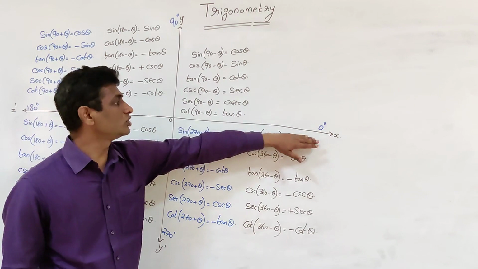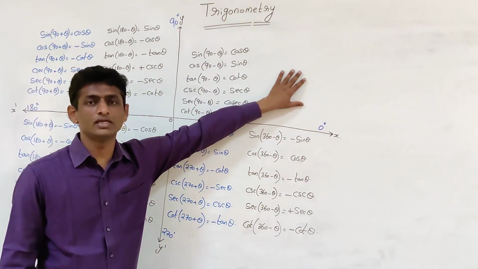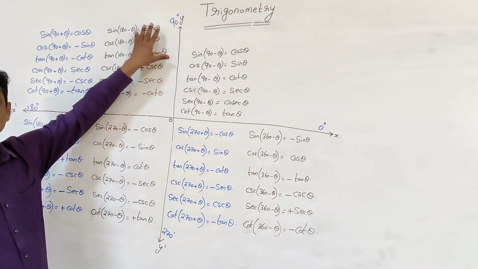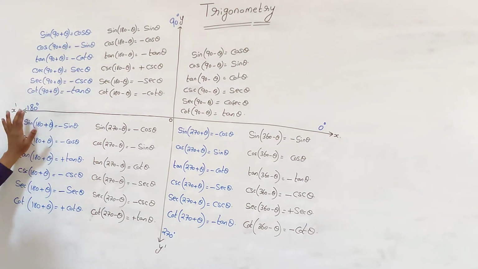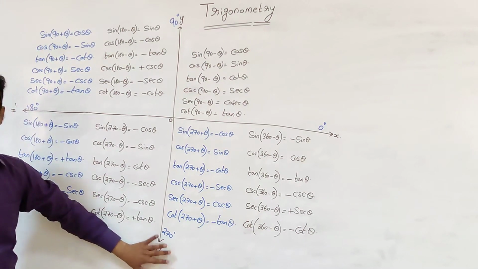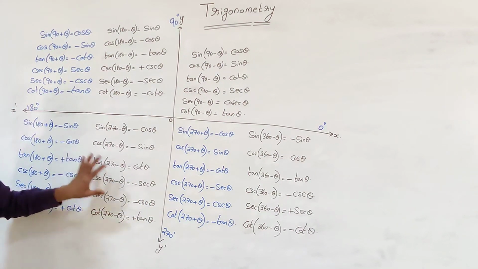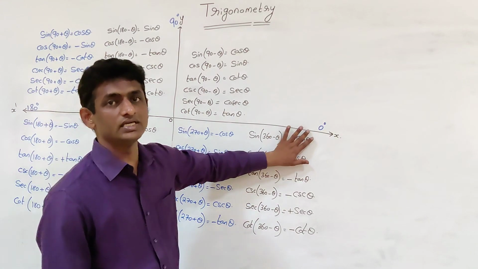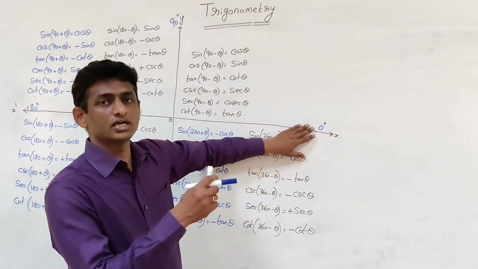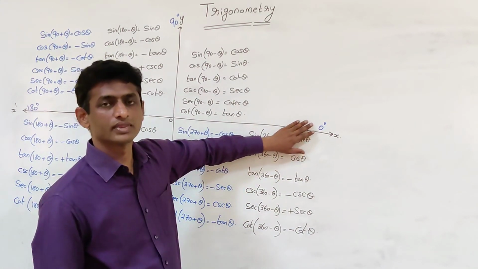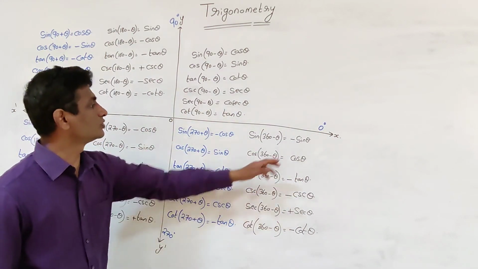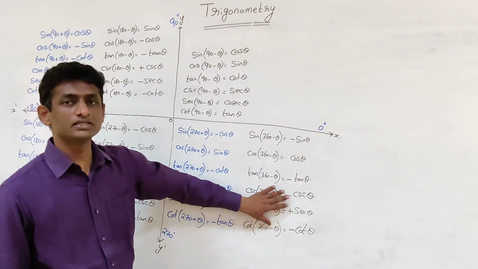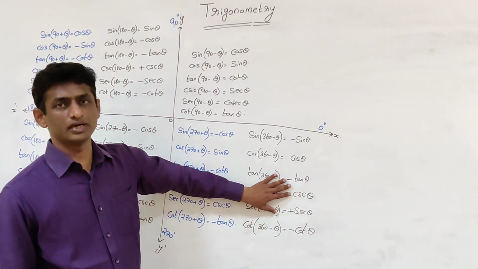The angles between 0 to 90 lie in the first quadrant, the angles between 90 to 180 lie in the second quadrant, and if they lie between 180 to 270, then it lies in the third quadrant. And 270 to 360 degrees means it completes one revolution, so the angle lies in the fourth quadrant.